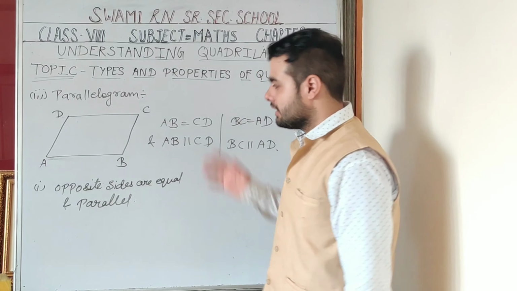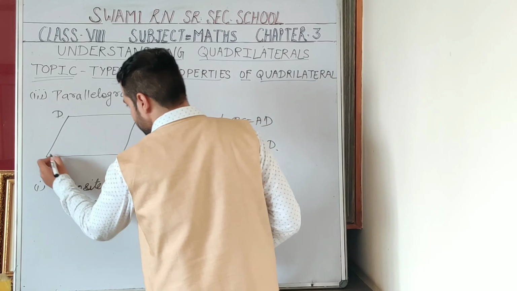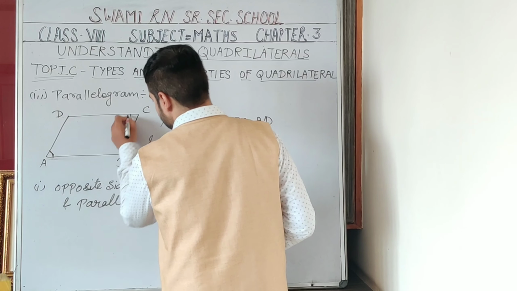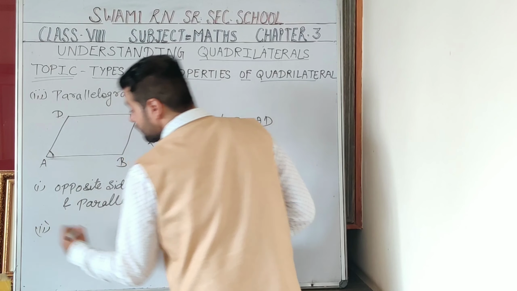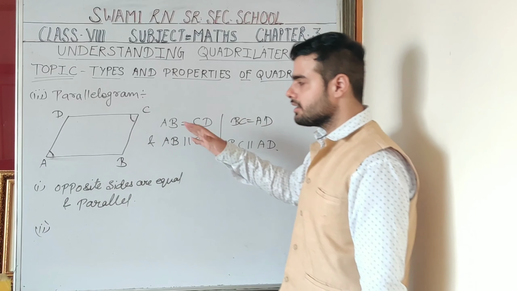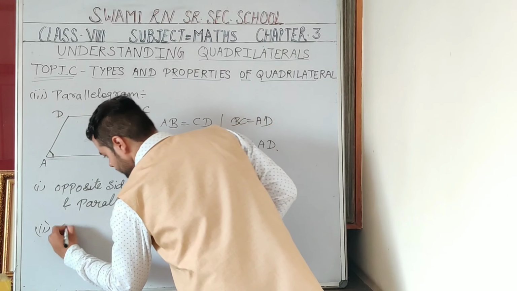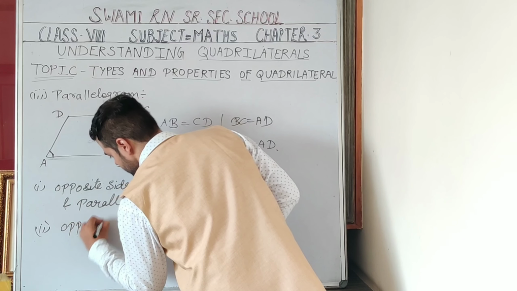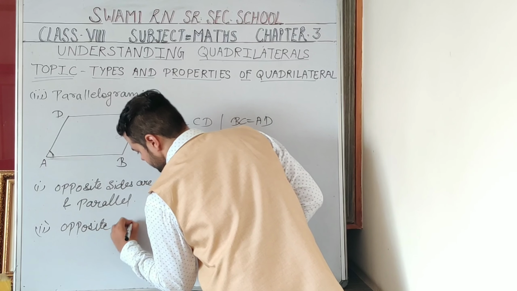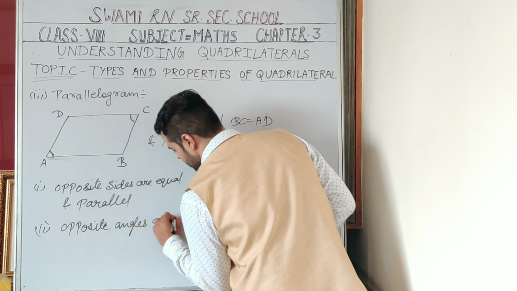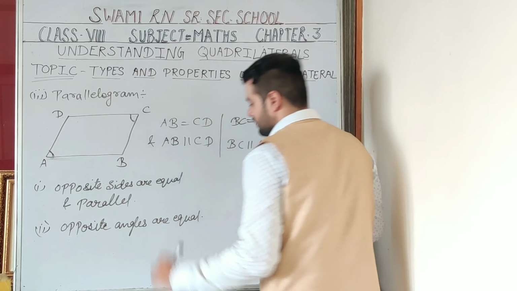Okay, students. Now the second point is that in a parallelogram, opposite angles are equal. That is the second property, that opposite angles are equal to each other. So I am writing it there: opposite angles are equal.